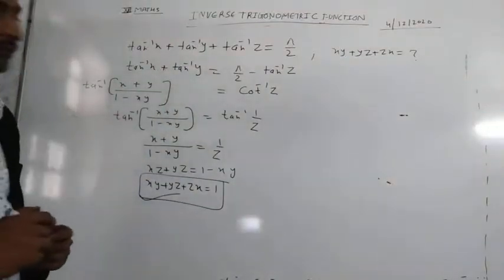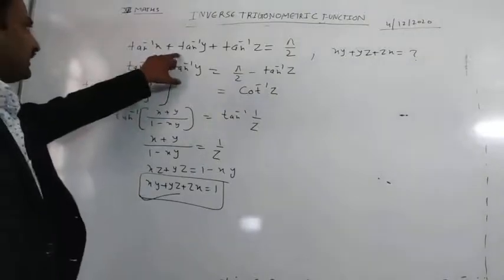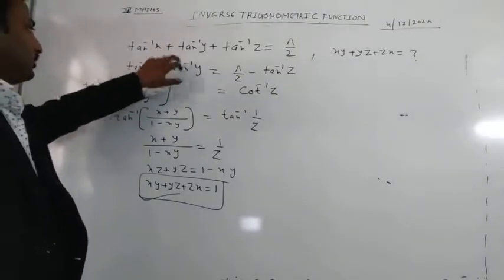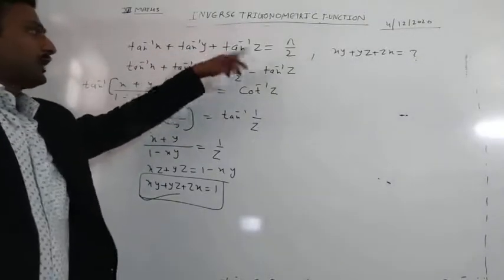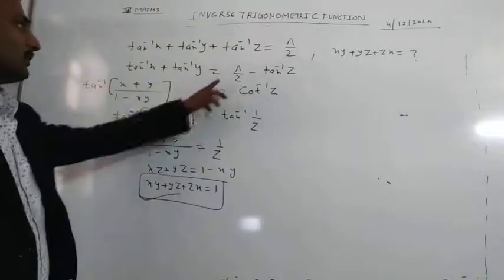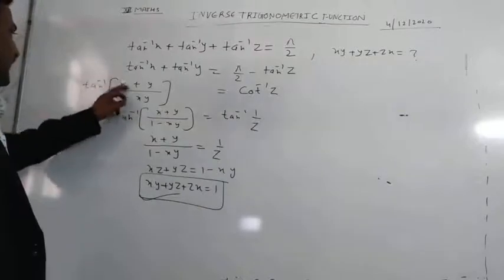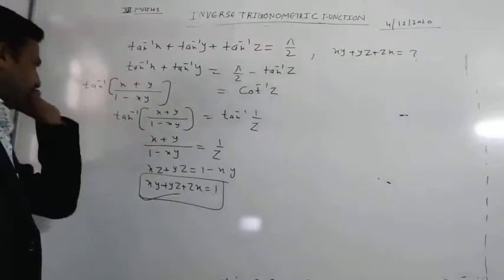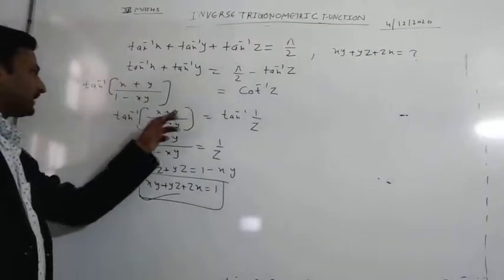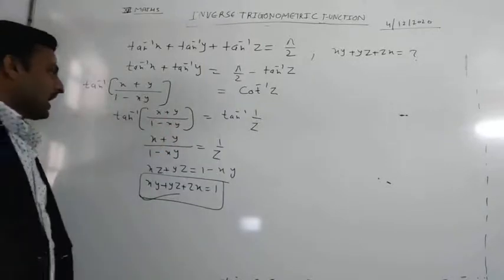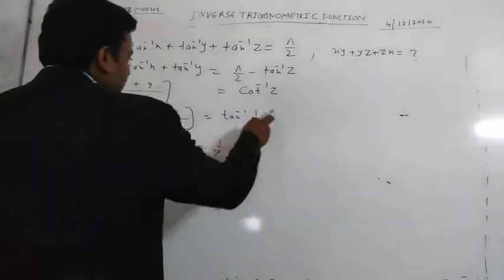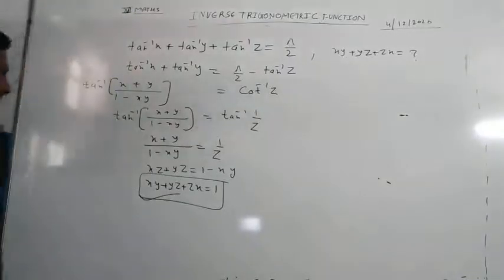So students, what we have done, we have taken these two and this third part we have sent to the right hand side, and from here it will change into cot inverse z, and tan inverse (x plus y) upon (1 minus xy) is equal to tan inverse 1 by z.